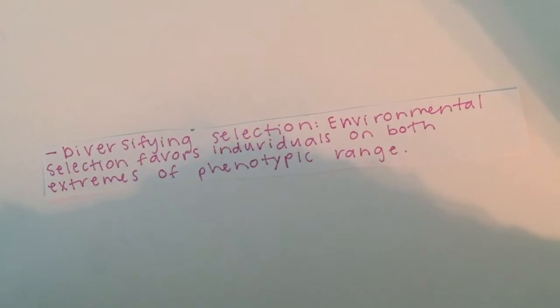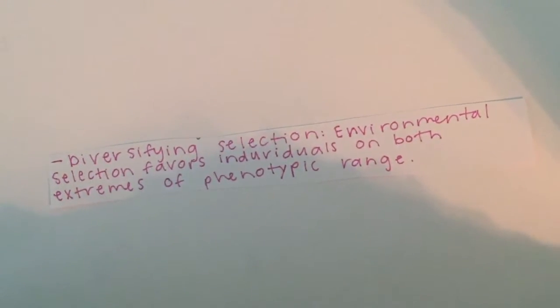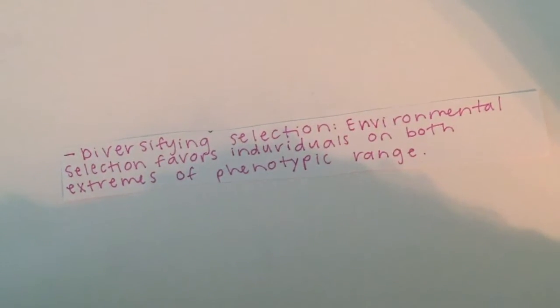And the last type of selection we will be talking about is diversifying selection, which is when environmental selection favors individuals on both extremes of a phenotype range. So this one will deal with a culmination of all of the selections. So we'll have stabilizing selection, directional selection, and diversifying selection. And we just went over those definitions, so you should understand what these pictures are showing when you draw them.